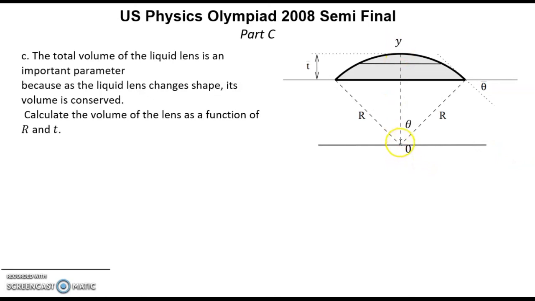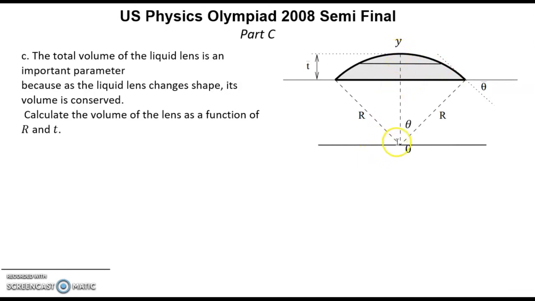Suppose that y starts in the center of this circle, and y direction is straight up. So it means that top will be when y equals r. And we have to integrate our cross-section, area of cross-section, by y direction.